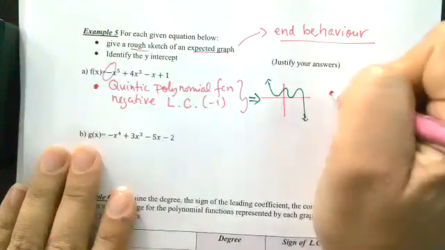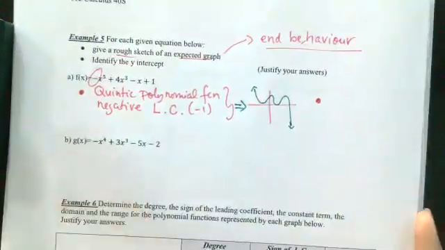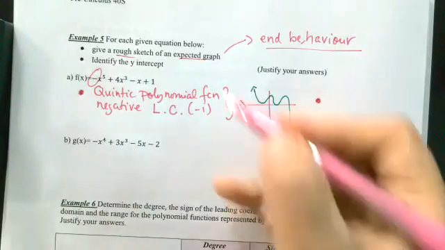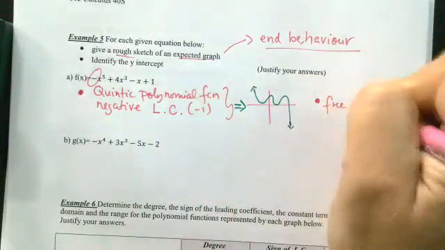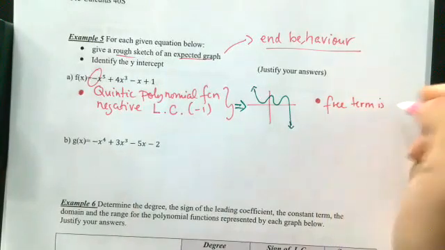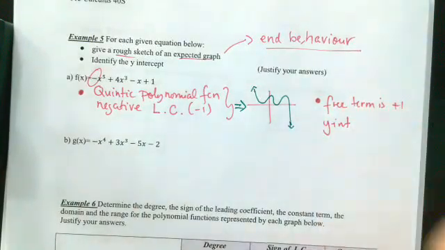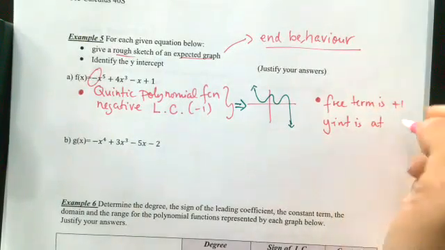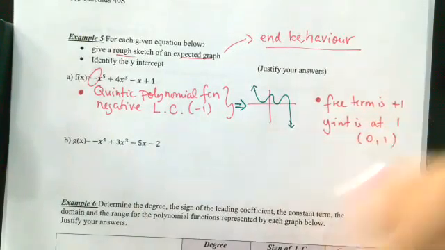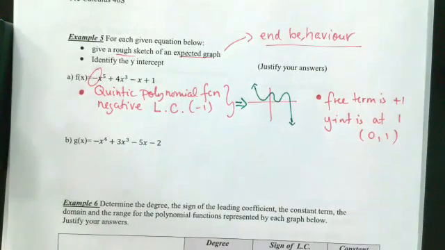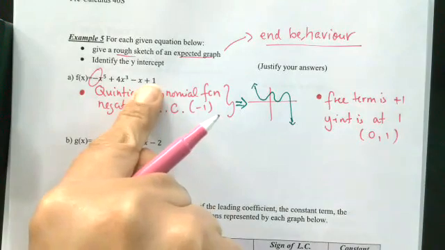The other part that they want is the y-intercept. All you need for the y-intercept is the free term. Which means the y-intercept is at 1 or the point 0, 1. Free term is positive 1.